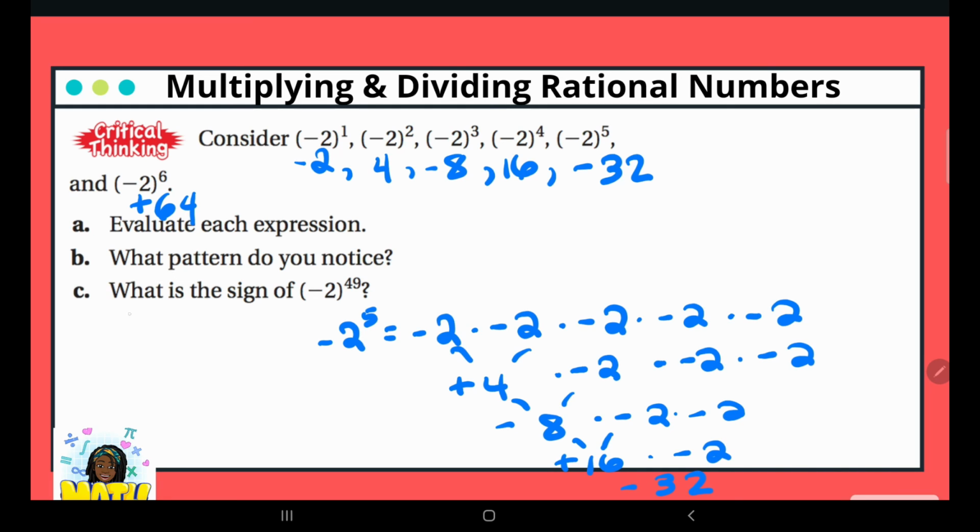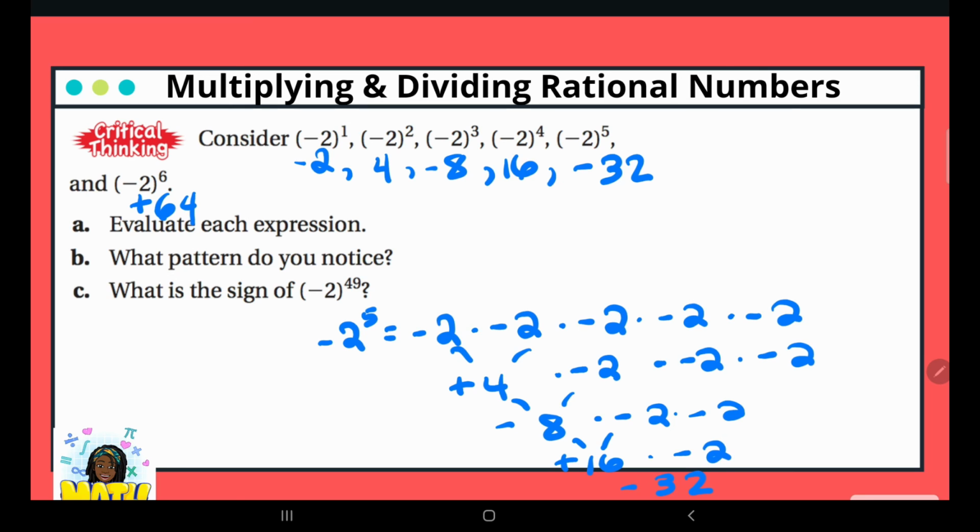Now, based on that, it's not asking you to calculate, it's not asking you to solve it. What is the sign of negative 2 to the 49th power? What you want to ask yourself is, is 49 an even number or an odd number?